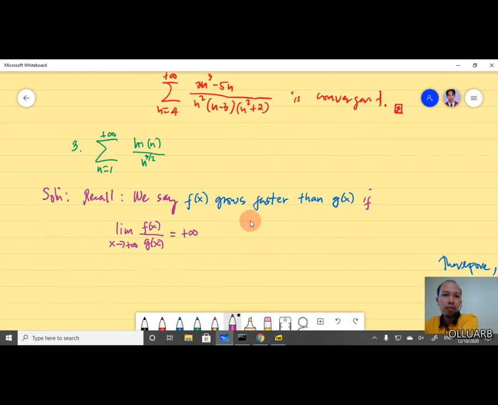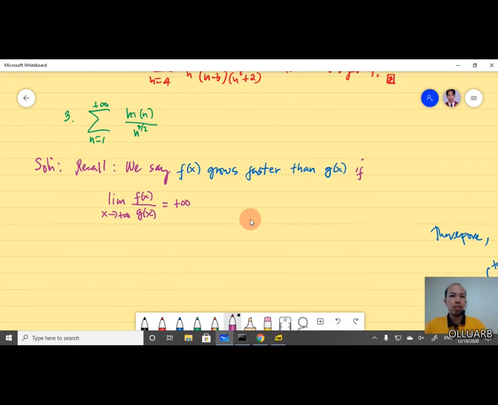Or equivalently, if the limit of g of x over f of x as x approaches infinity is equal to 0.